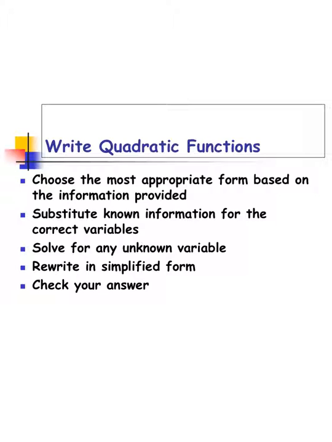Then you substitute the known information in for the correct variables and solve for any unknown variable, rewrite it in simplified form, and then make sure you check your answer. Checking your answer is as easy as typing it into the calculator and making sure the quadratic graph has the information that you were given. That would be one way to check it, and there's a couple of other ways as well.